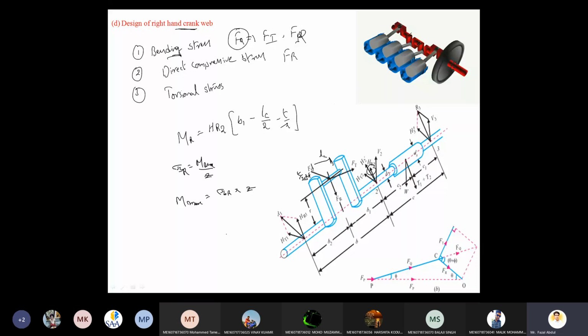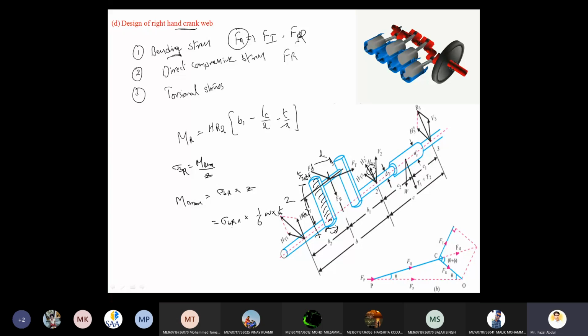For this particular cross section of the web portion, the section modulus is 1 by 6 into the width into thickness squared, where width and thickness are of this cross section.